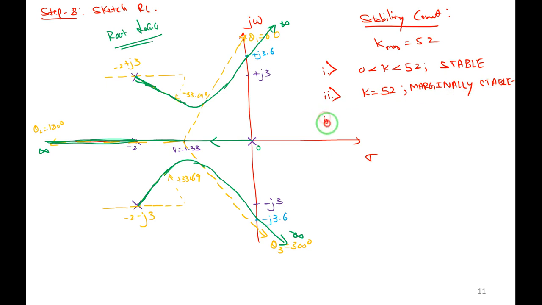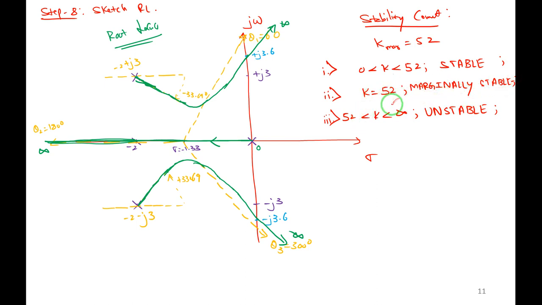Third, for k greater than 52 but less than infinity, the system is unstable. Right?